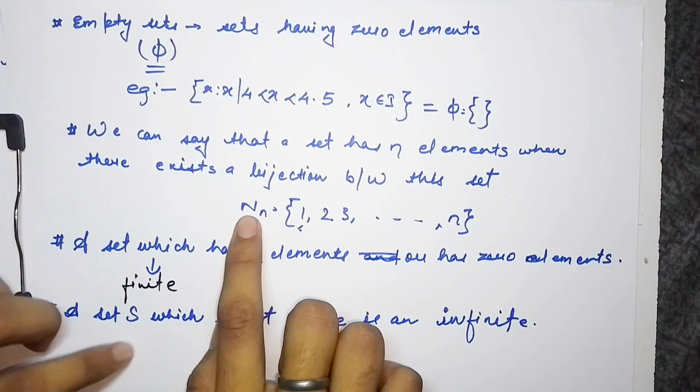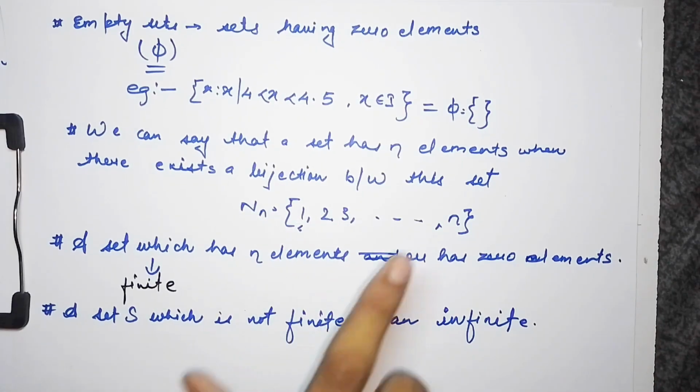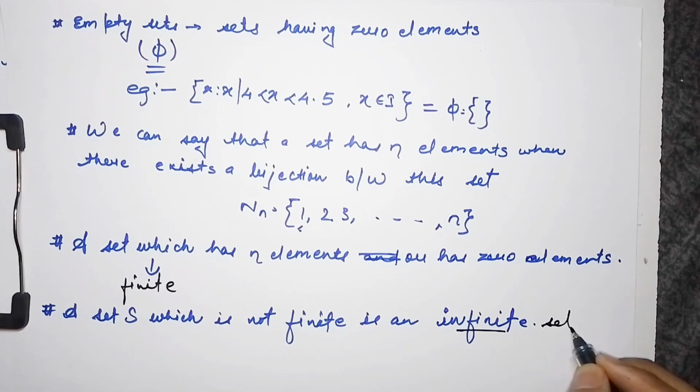Basically, there does not exist any bijection of that set S to the set {1, 2, ..., n}. So if that set cannot be said to have some n number of elements or zero elements, then what would it have? It would have an infinite number of elements. In that case, we call these kinds of sets infinite sets. I hope that it's clear till now.